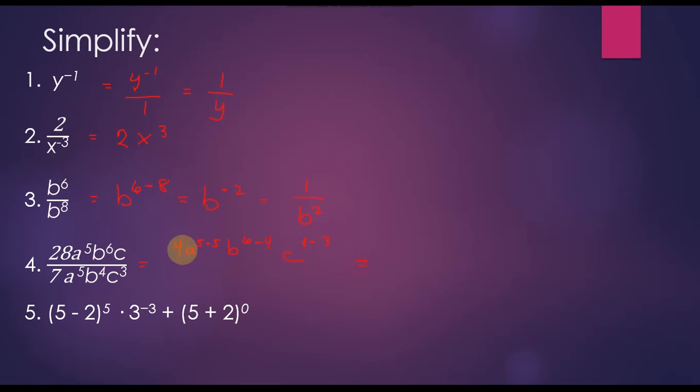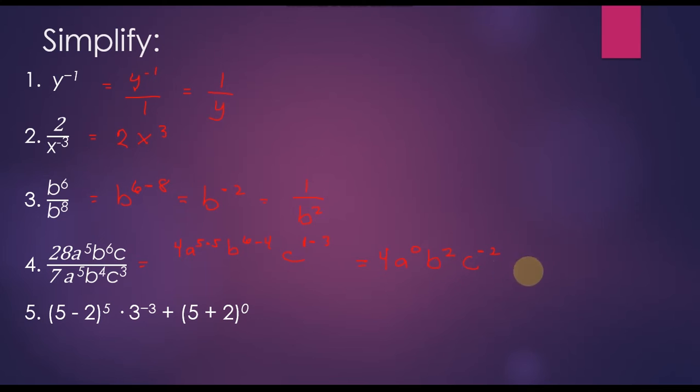And then let's simplify this one. 4. Then a, 5 minus 5 will give you 0. Then for b, 6 minus 4 will give you 2. Then for c, 1 minus 3 will give you negative 2.